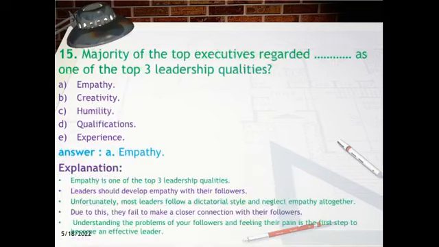15. The majority of the top executives regard it as one of the top 3 leadership qualities: empathy, creativity, humility, qualifications, experience. Answer: A. Empathy. Explanation. Empathy is one of the top 3 leadership qualities.